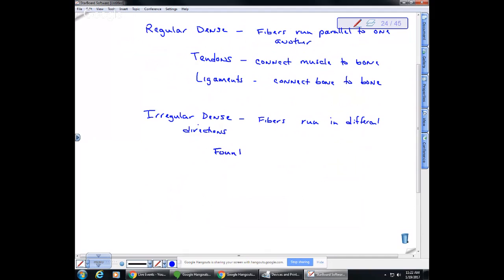So joint capsules are made of irregular, dense connective tissue. So this is a connective tissue that encapsulates the joint. This also makes up the dermis of the skin.